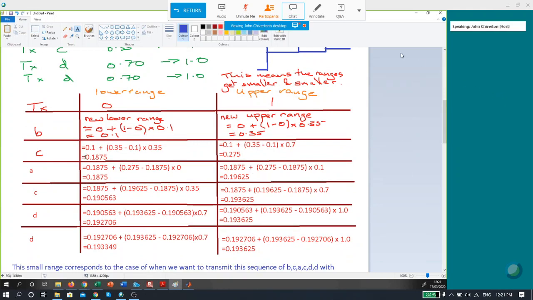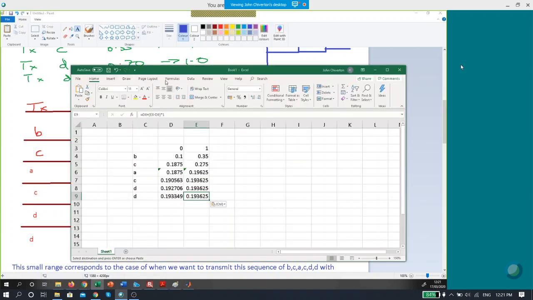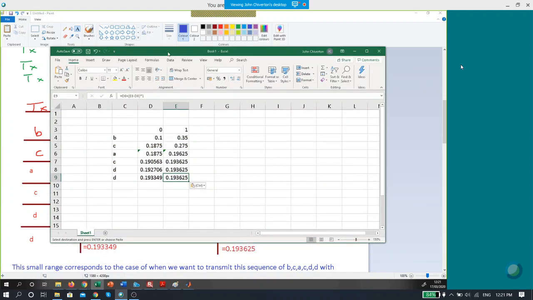So actually what we can do is take these numbers, and we've got it in Excel, haven't we? Let's have a look in Excel. Okay, so we've got the numbers here.